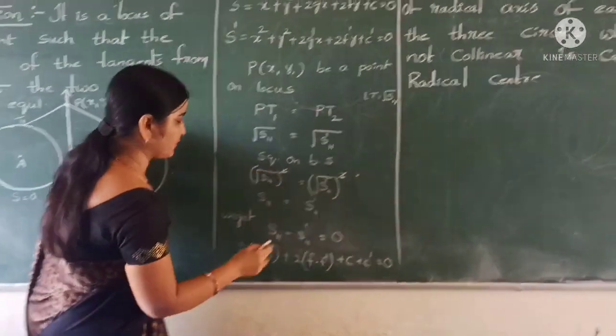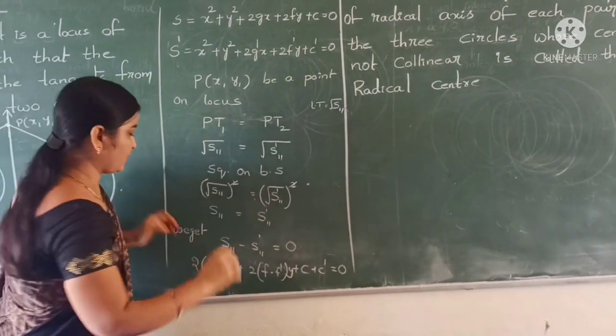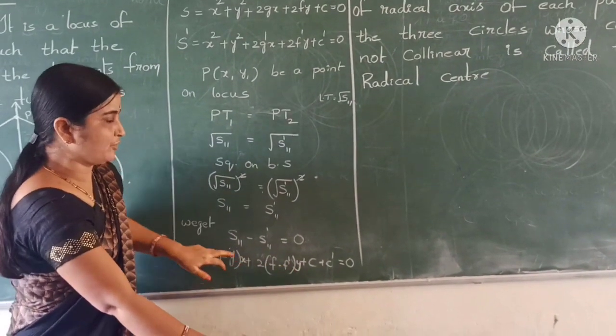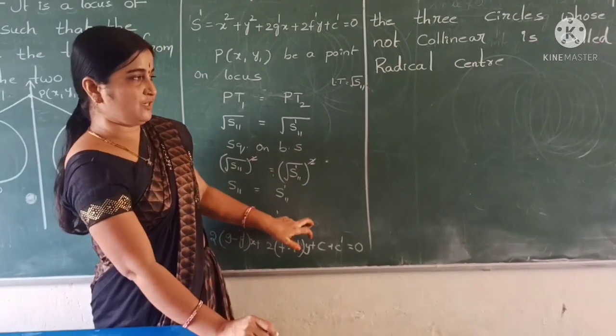So all of you observe, this is in the form of a straight line, ax plus by plus c is equal to 0.